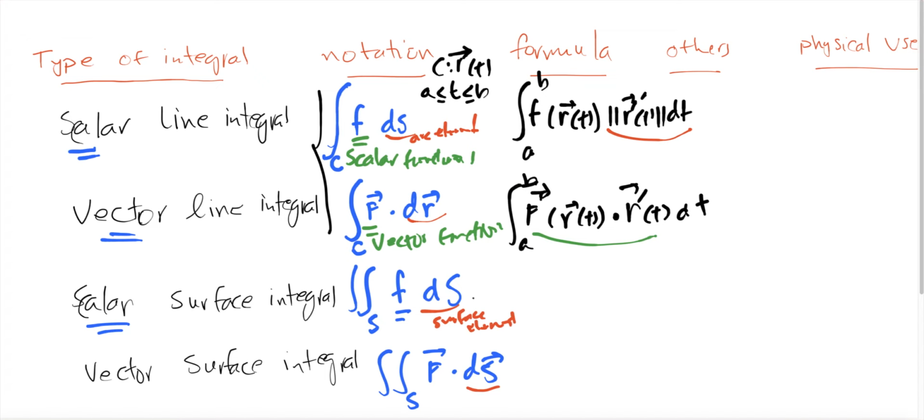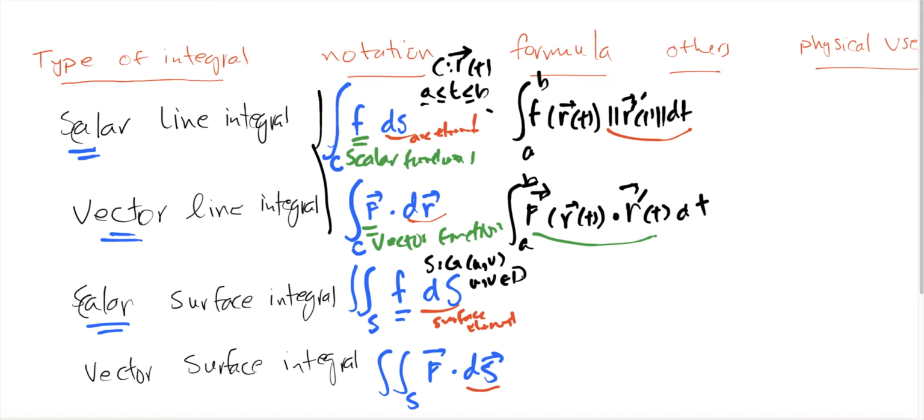Now, how do I do surface integral when it's scalar? This time around, you have to parameterize the surface S by a G of u and v, and then u and v are within the region D. So again, you notice that over there I said a and b, here I said region D, because if the region is a circle, then I cannot give you two numbers for upper and lower bound of u and two numbers for upper and lower bound of v.